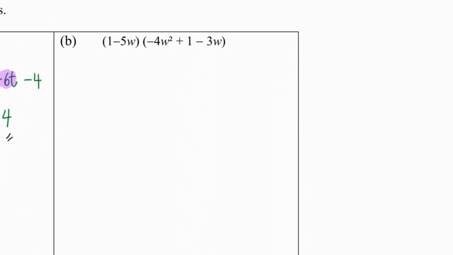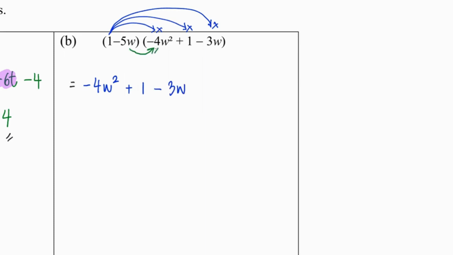And then move on to here, same thing. 1 times negative 4w squared will be negative 4w squared. Continue to multiply. This will give me positive 1 and negative 3w.